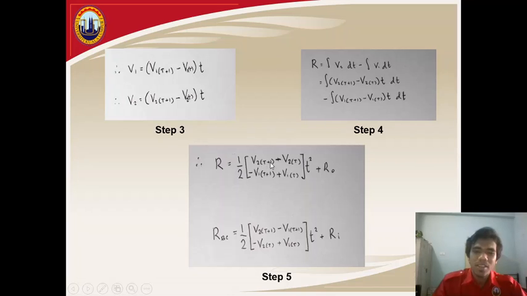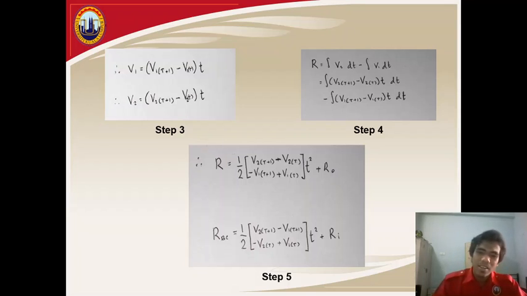V2 of t plus 1 minus v2 of t minus v1 of t plus 1 plus v1 of t, divided by 2, times t square, plus r0, a constant that depends on us, on what kind of distance we want. So in my case I want to use 5.